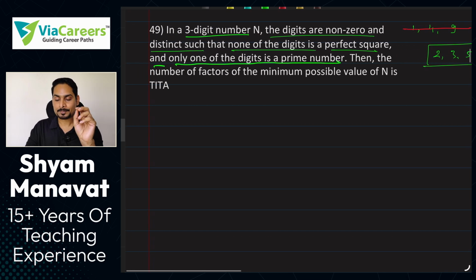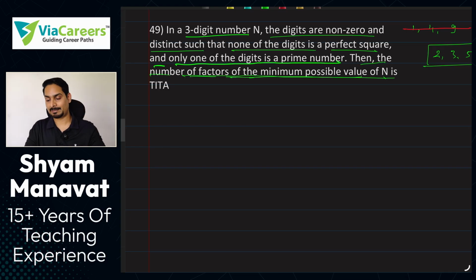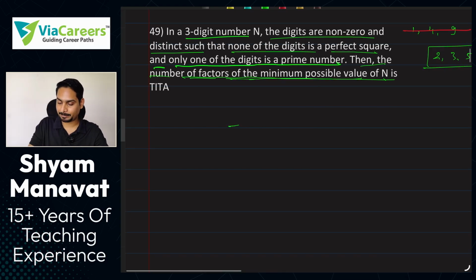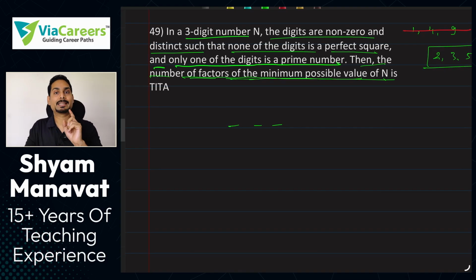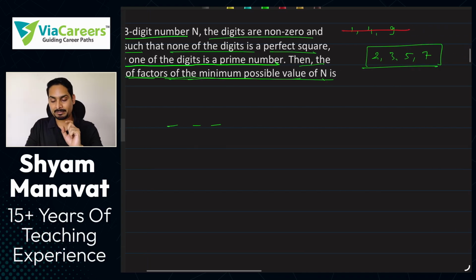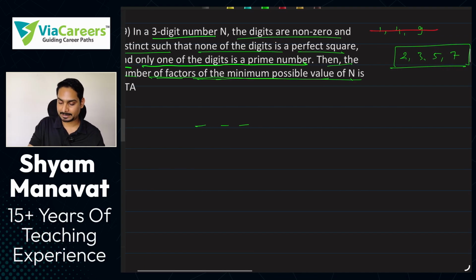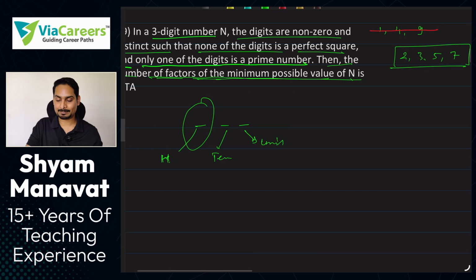Then, the number of factors of the minimum possible value of n. So tell me one thing, if it is the minimum possible value and only one digit can be a prime number, this is units, this is tens and this is hundreds. If you keep the hundreds digit as small as possible, your entire number will also be smaller.